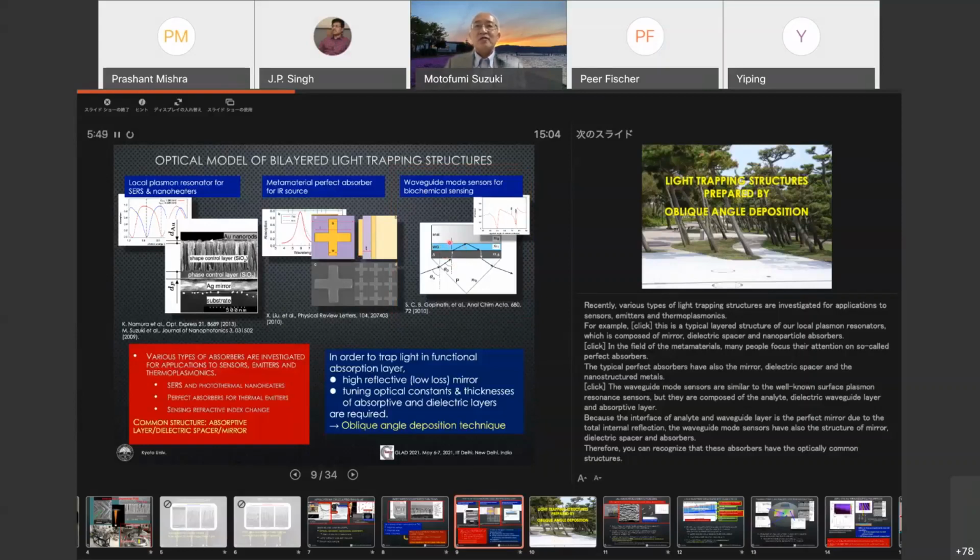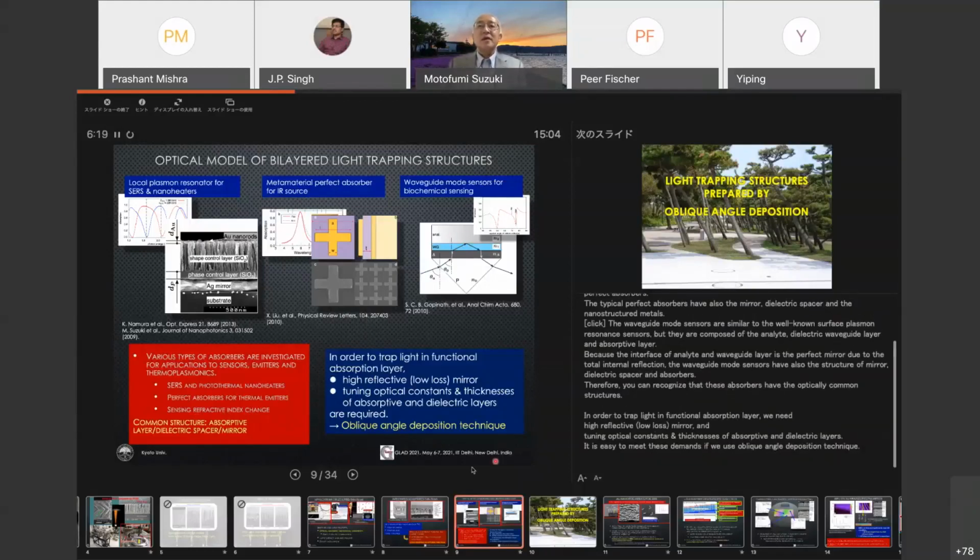Because the interface of the analyte and the waveguide layer is a perfect mirror due to total internal reflection, the waveguide mode sensors also have the structure of mirror, dielectric layer, and absorptive layer. Therefore, you can recognize that these absorbers have optically common structures.